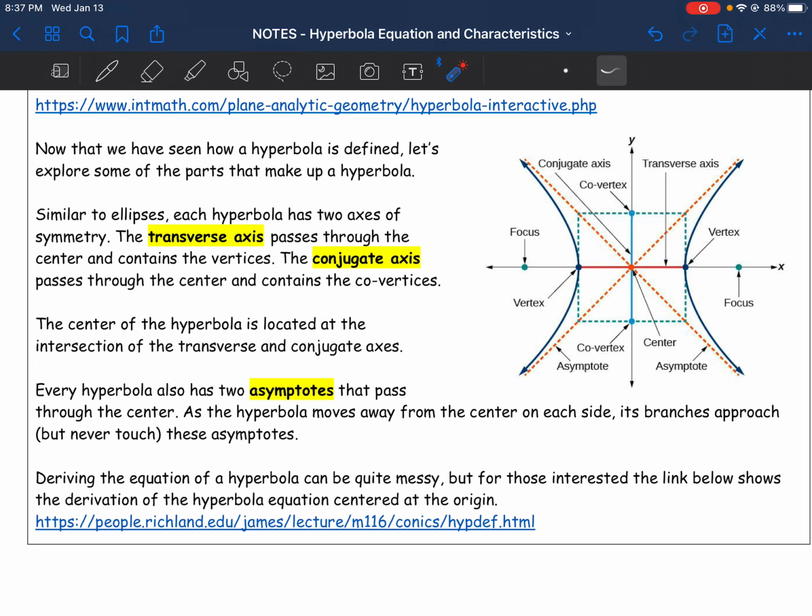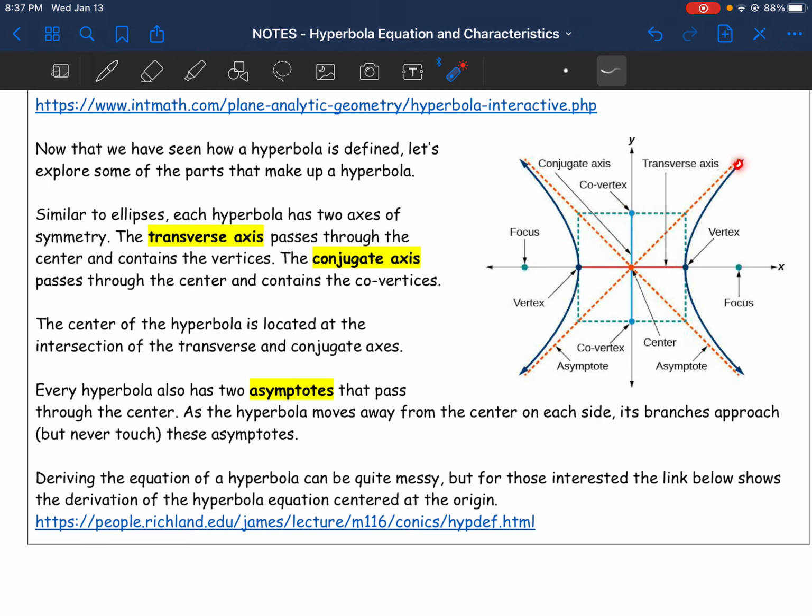So when we look at these graphs here, there's a lot of different pieces going on. We have our center, our vertices, our co-vertices, and all of these together kind of make what we call the central rectangle right here. Okay, this is called the central rectangle. And if you look at the asymptotes, they connect the diagonals of the central rectangle, and they pass through the center as well.